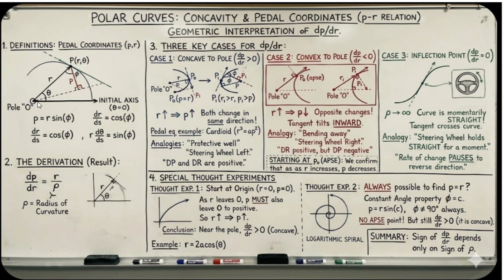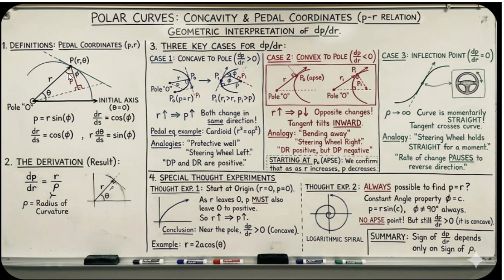It indicates how much distance from the pole, and the angle theta the radius vector makes. Because r is a function of theta, for a particular theta we have r, and then only can you get these points.